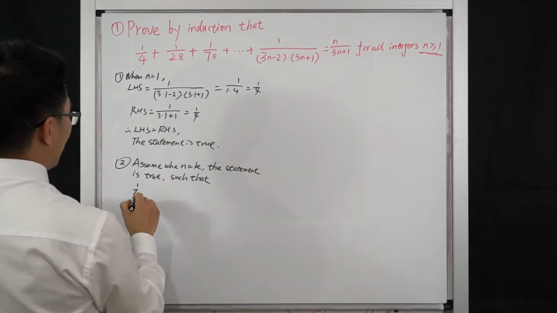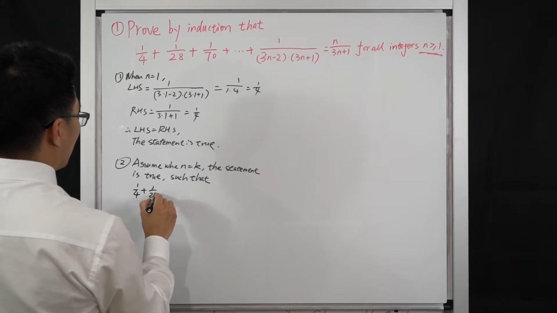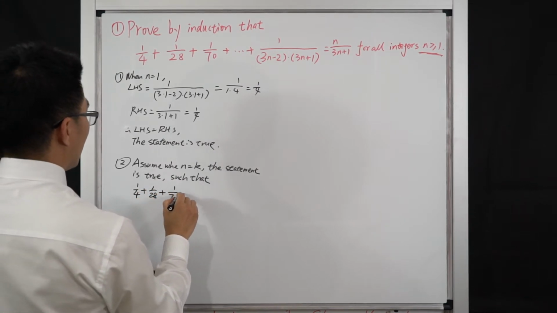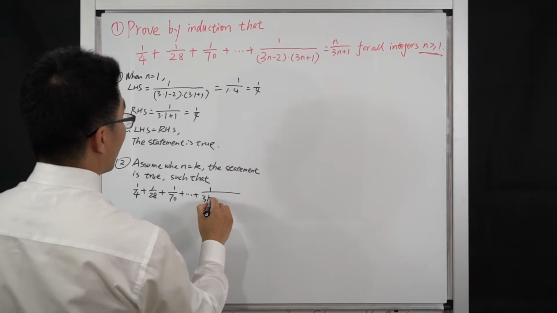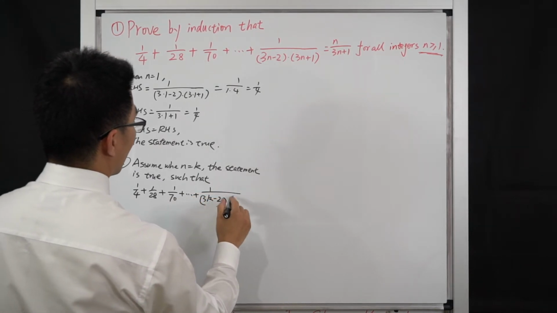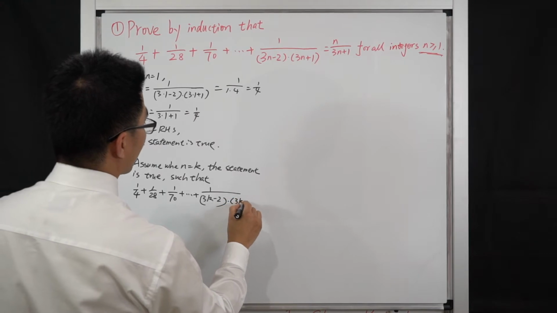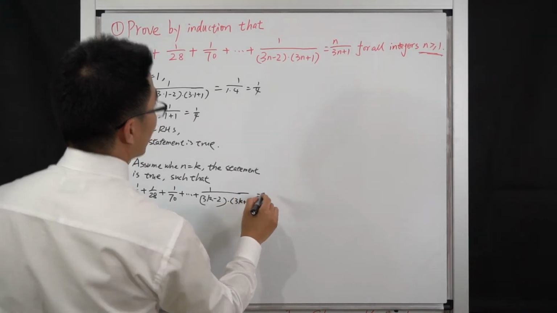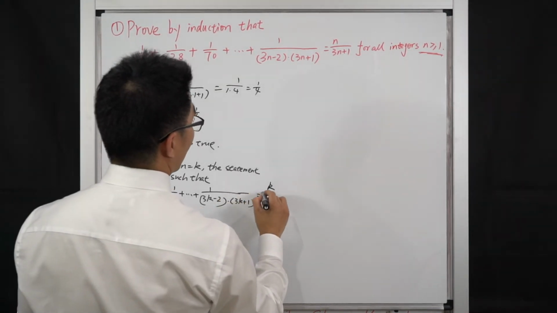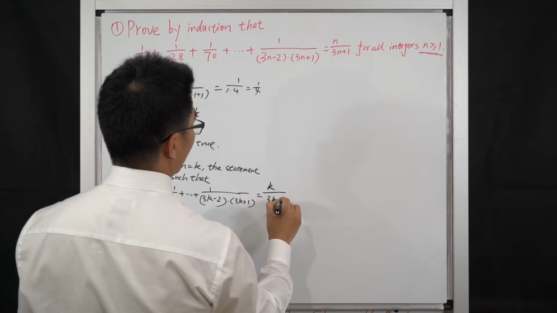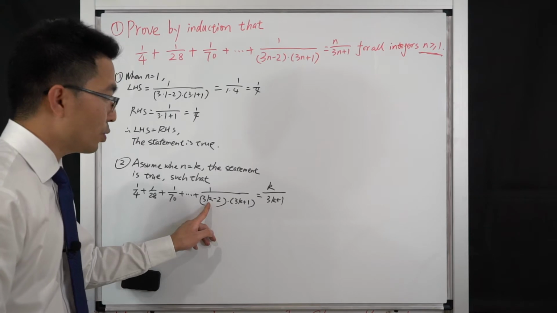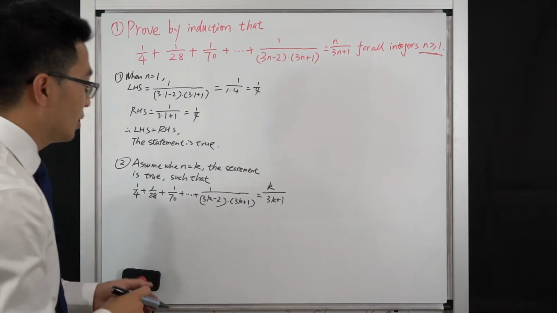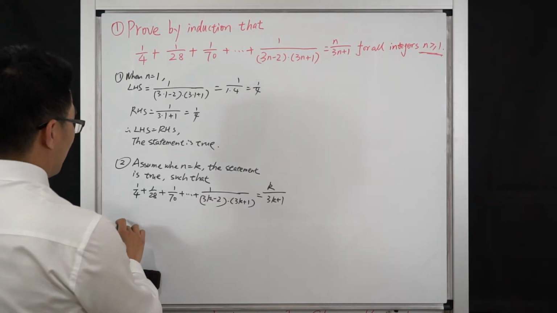So 1 over 4 plus 1 over 28 plus 1 over 70, etc., to 1 over 3k minus 2 times 3k plus 1, equal to k over 3k plus 1. Remember we use k over here, not n, okay? Okay, let's go to the next step.